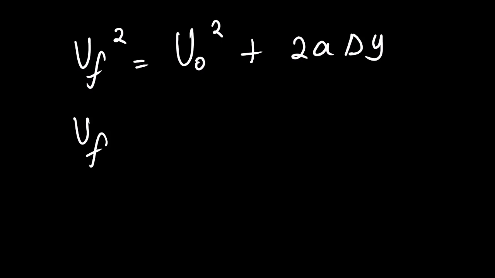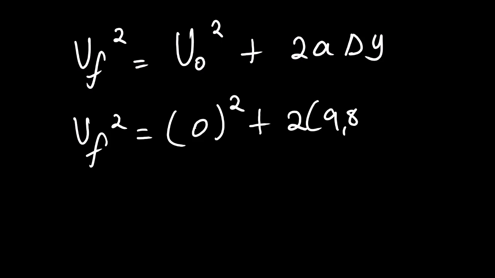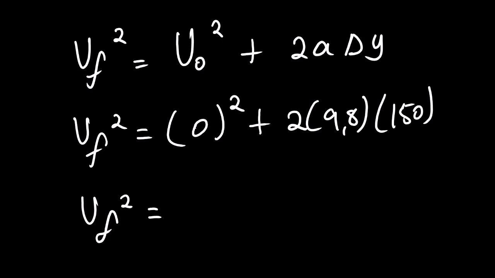So our final velocity: Vf squared equals the initial velocity, which is 0, squared, plus 2 times 9.8, and then we have 150. So Vf squared equals 0 squared, which is 0, plus 2 times 9.8 times 150.